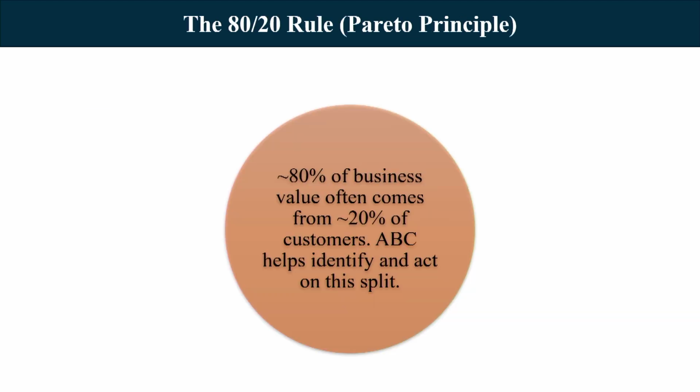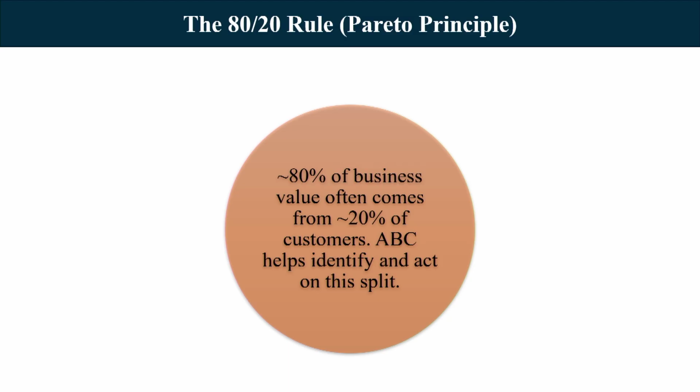Now, next let us talk about this 80-20 rule in detail. I have already said that the 80-20 rule, which is also called the Pareto principle, is nothing but the idea that about 80% of your business value comes from 20% of your customers. ABC analysis helps you identify that vital 20% and act on it.